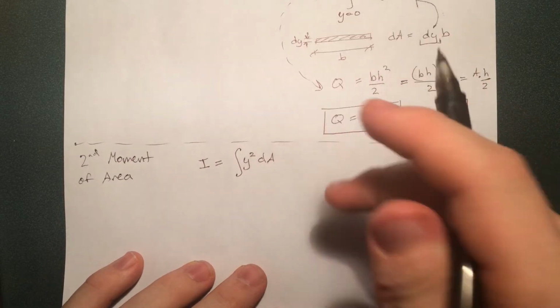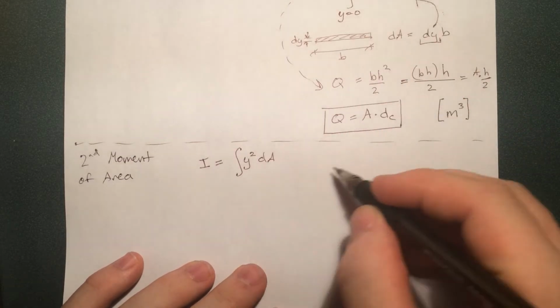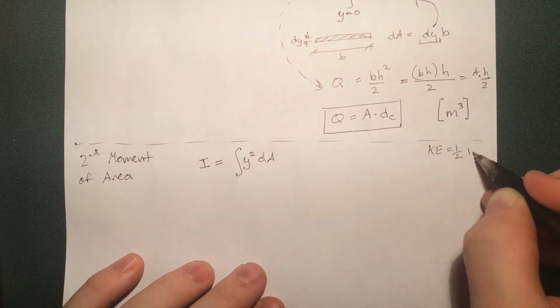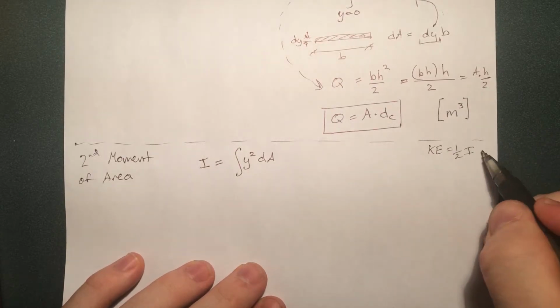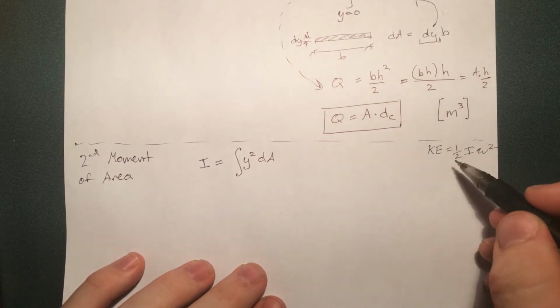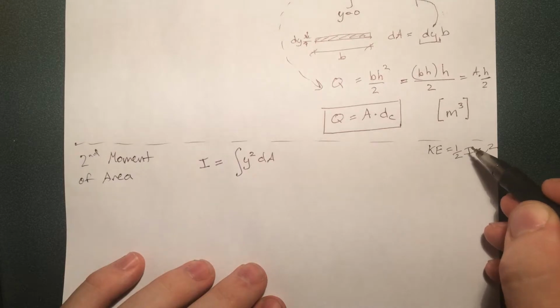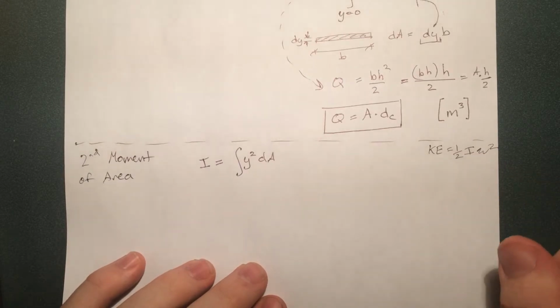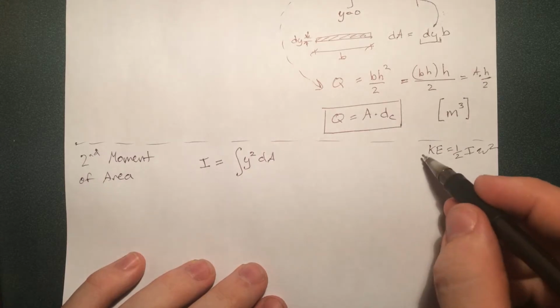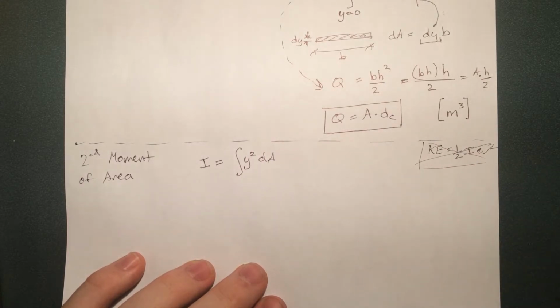If you're spinning something, its kinetic energy, as a side note, is half I, there comes your moment of inertia, omega squared, which was the rate of spinning. So the bigger the moment of inertia, the harder it is to spin, or when it's spinning, the more energy it has. Okay, so don't worry about this for now.